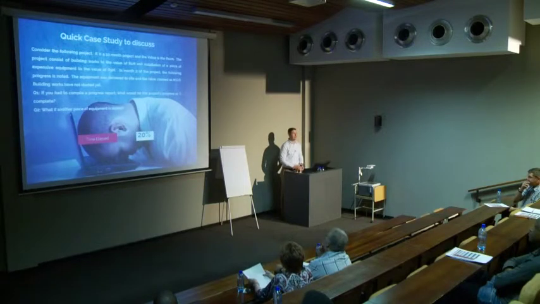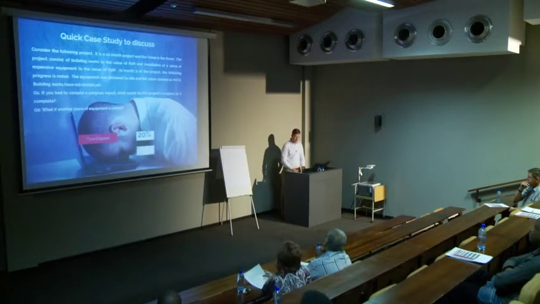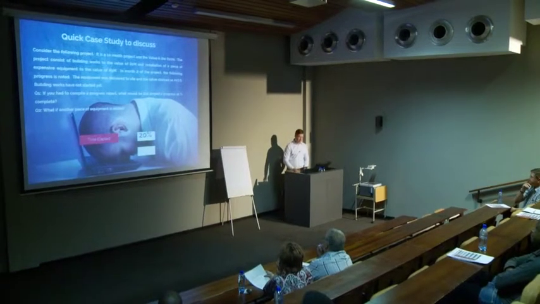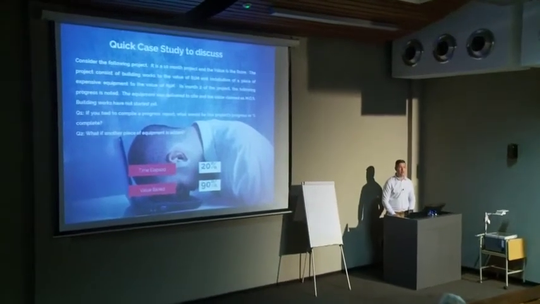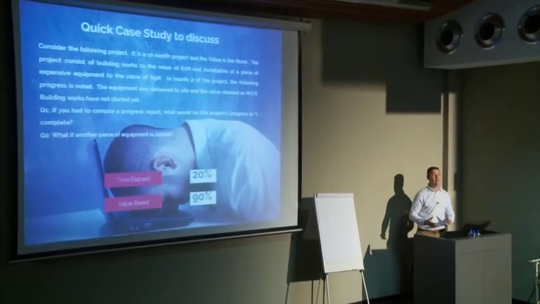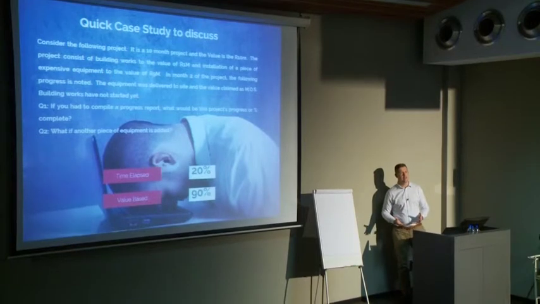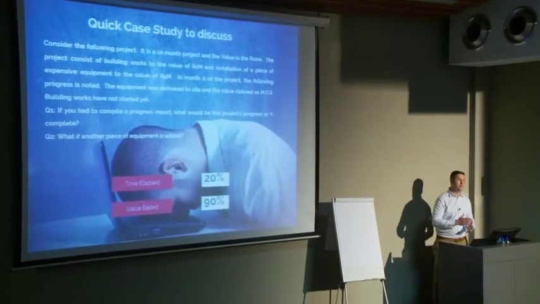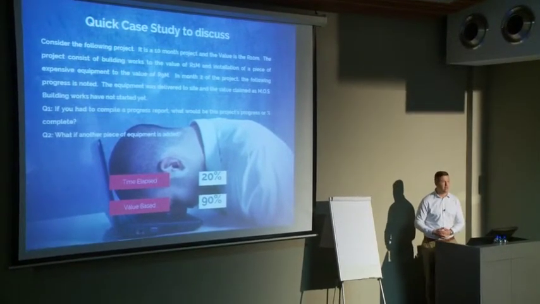And the last time I think I ranted about half an hour on time elapsed. I'll tell you now why. I won't rant again. So time elapsed is the one measure. Then we have value based, meaning the value of the project, which is 10 million. And now we said 9 million of this has already been spent. So that gives me 90%. Do you agree?